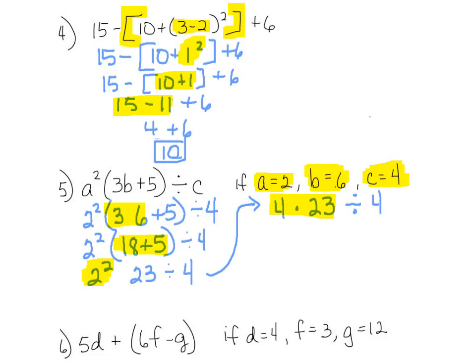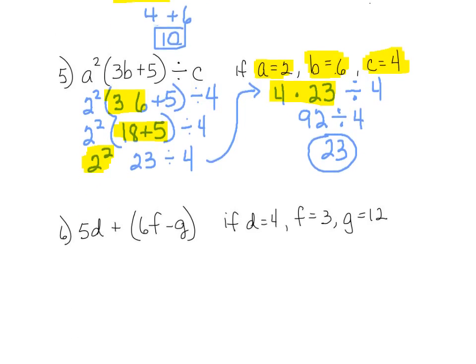So 4 times 23 is 92 divided by 4. And so 92 divided by 4 obviously is 23. And so my solution is 23.